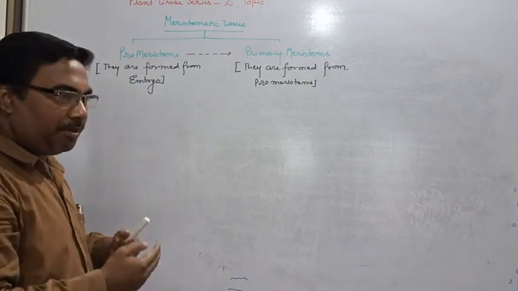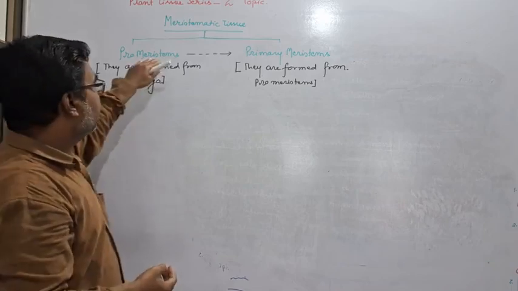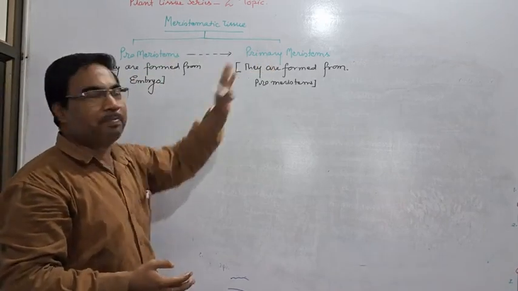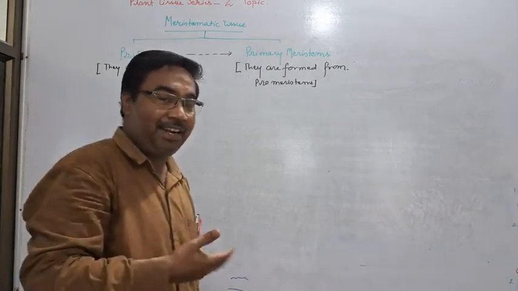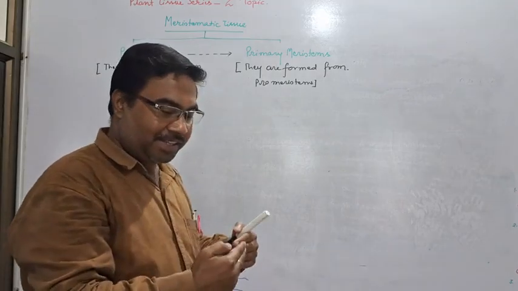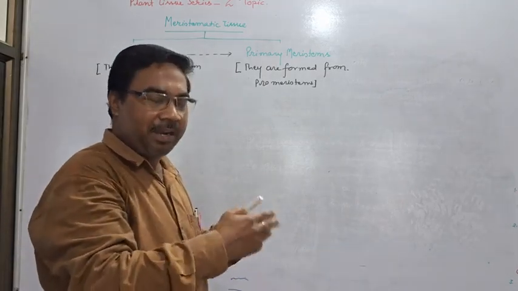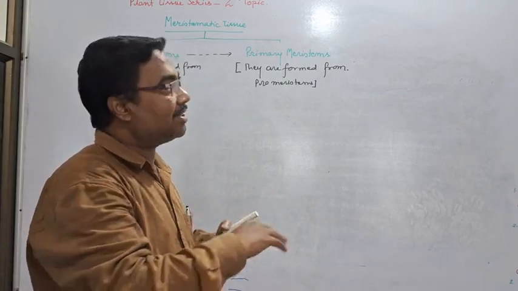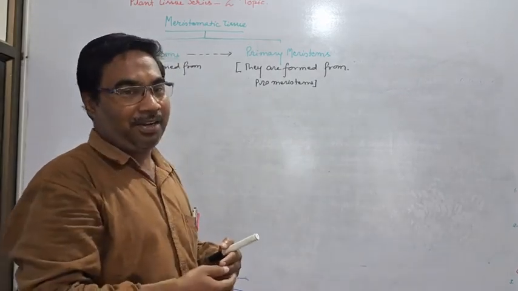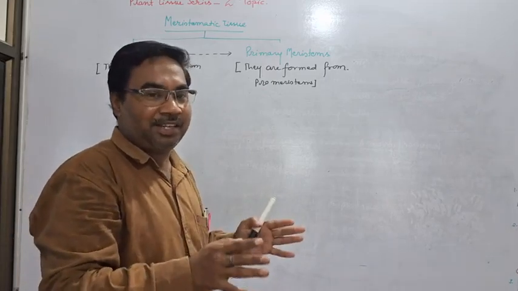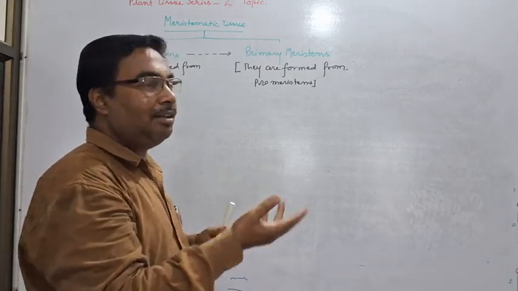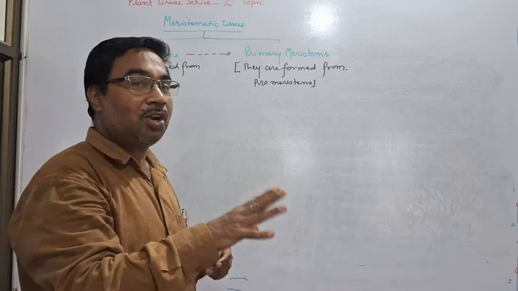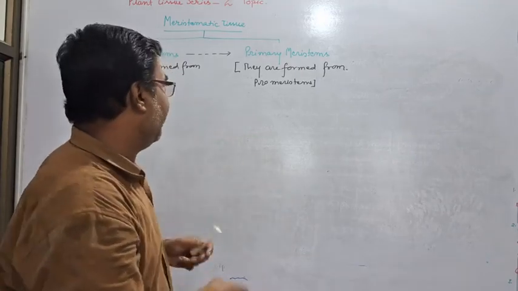While growing older, by age, the promeristems will change into primary meristems. You must recapitulate again and again that all the meristematic tissues, by passing age, get converted into permanent tissues, and after getting permanently differentiated, they will be dead. So most of the tissues in the plant are dead.